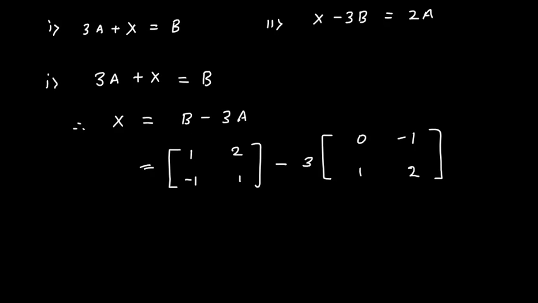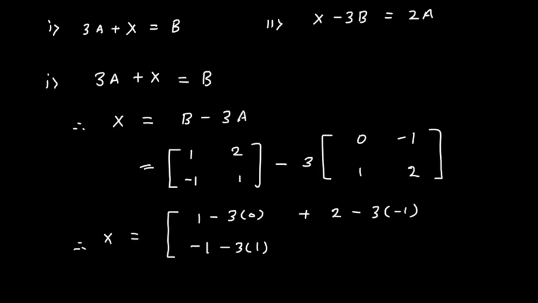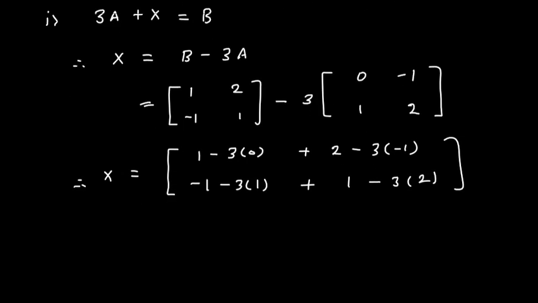So therefore we have X is equal to, now here we have 1 minus 3 into 0, 2 minus 3 into minus 1, then here we have minus 1 minus 3 into 1, and here we have 1 minus 3 into 2.